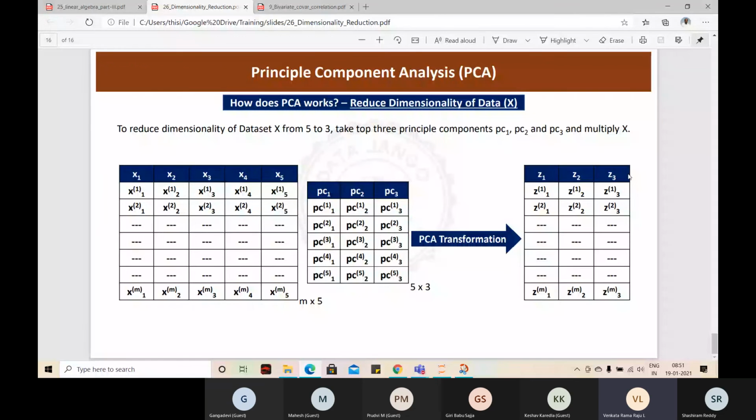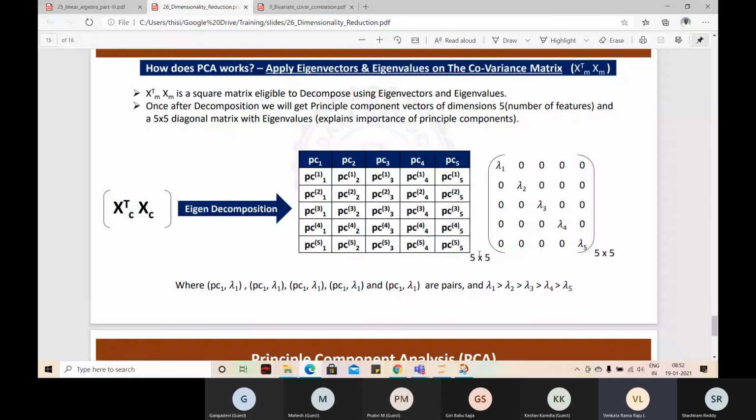Got it? This holds for every algorithm, every class, every transformer and predictor. Transformers are these standard scalars, polynomial features. These are all transformers. Predictors are the algorithms. Every transformer and predictor will have its own fit and transform operation.